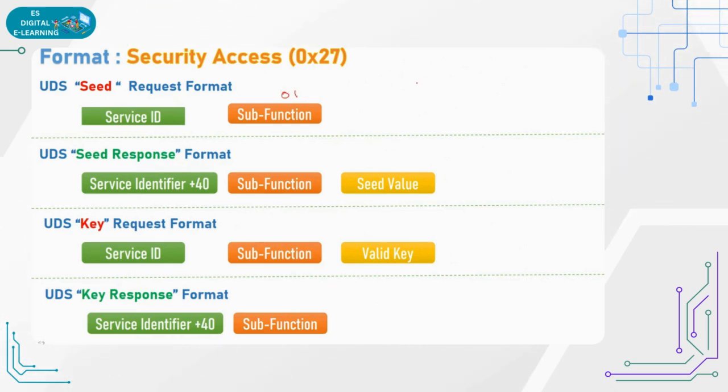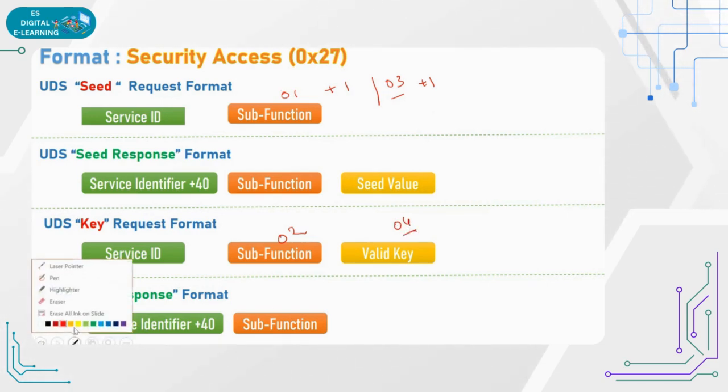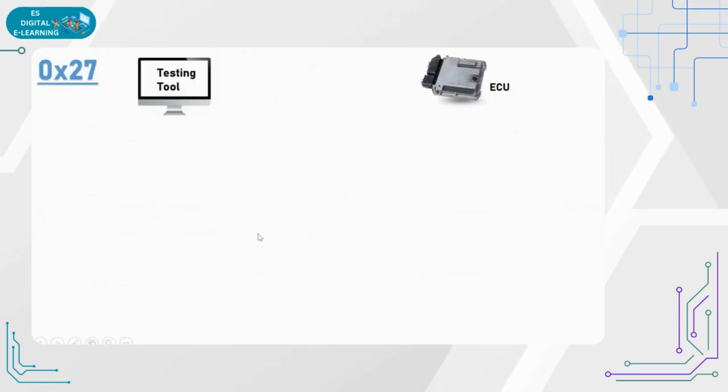Actually, whenever you are using 01 as the seed, the key should follow +1, which means 02 only. Similarly, when you use 03 in the seed, the key should be +1, which means 04. You should follow this sequence only.